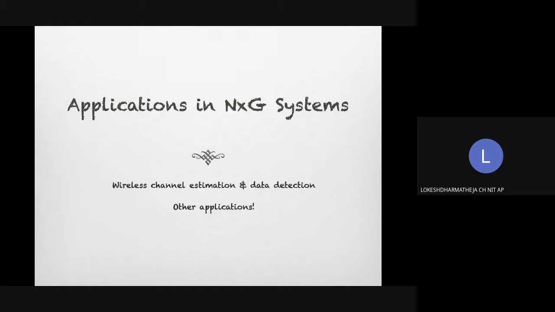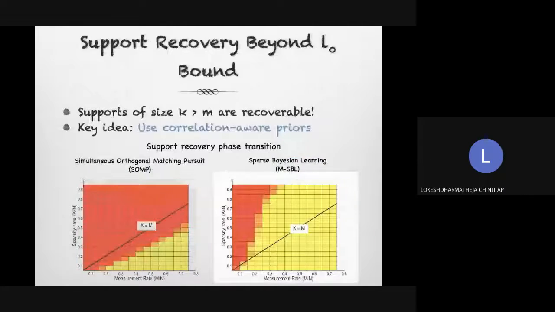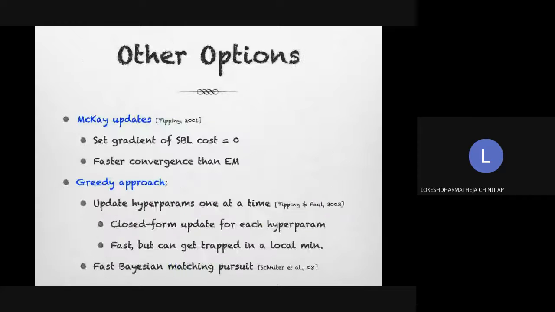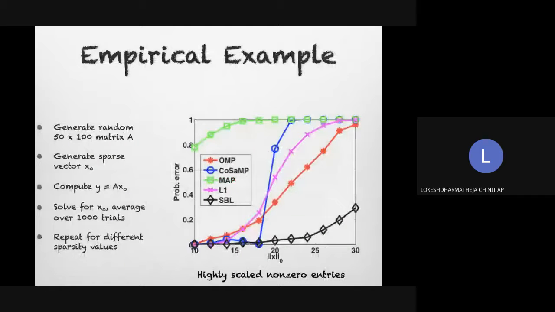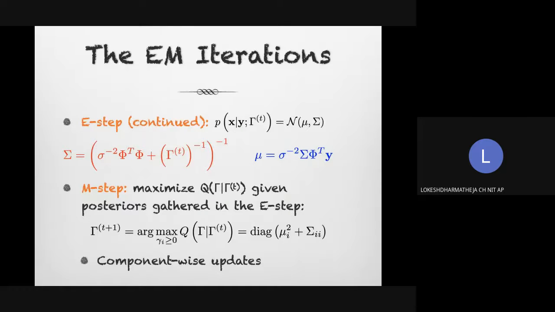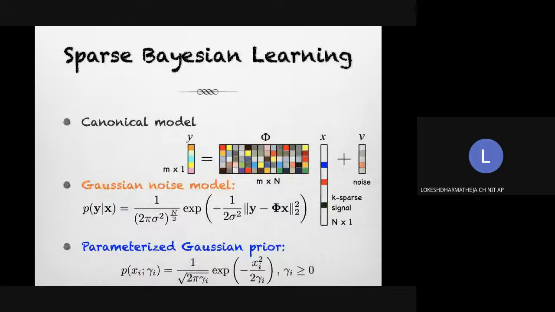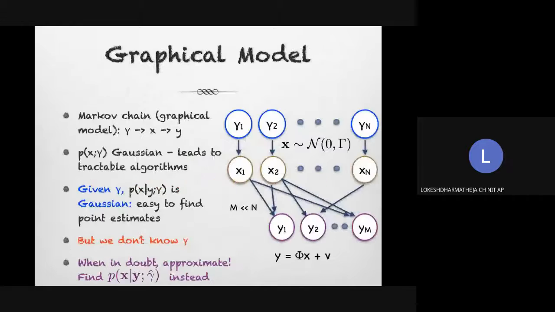I just need clarification in type 2 methods. First we are assuming a prior on X, and then we are parameterizing the variance, and then we are solving the optimization problem after solving for this hyperparameter.